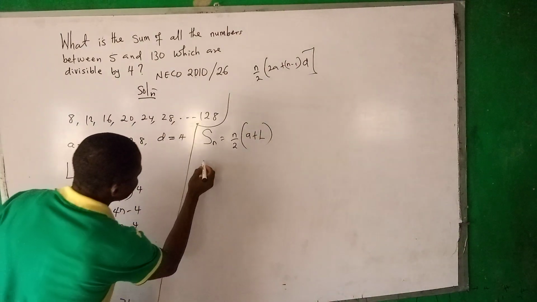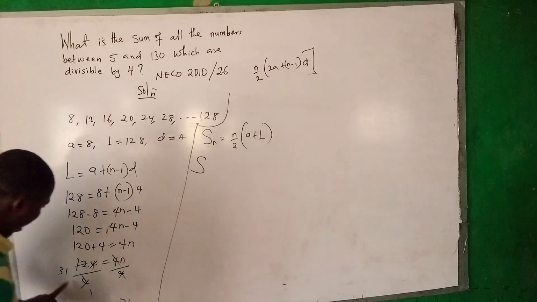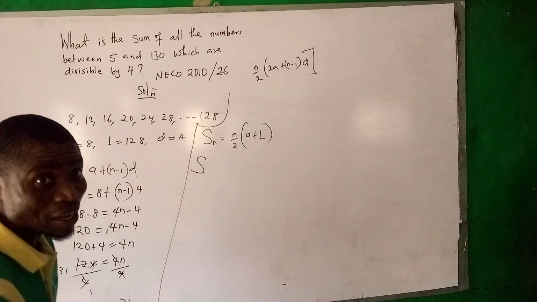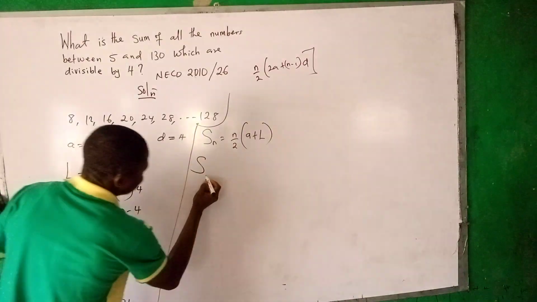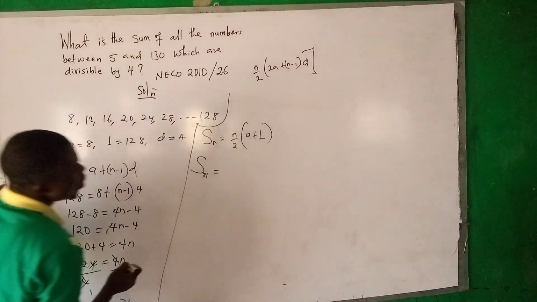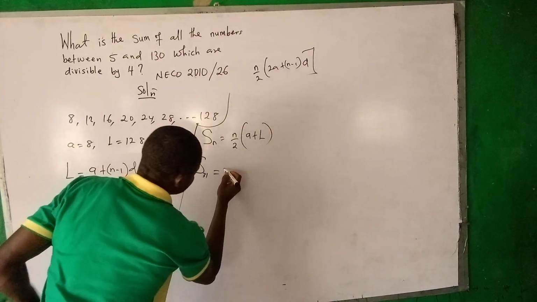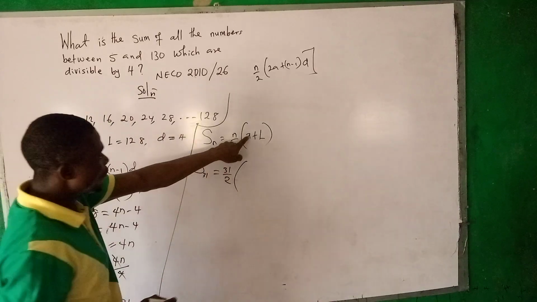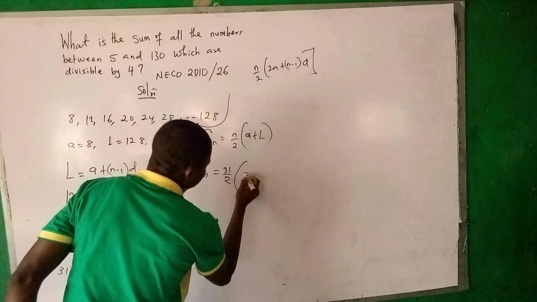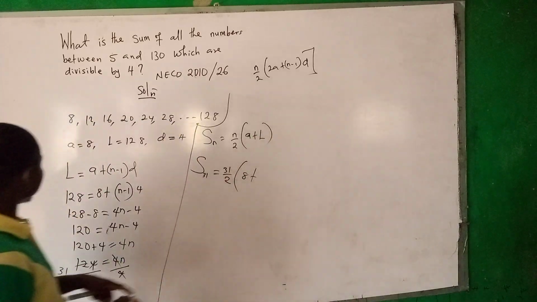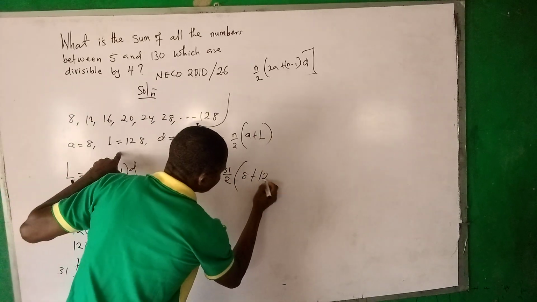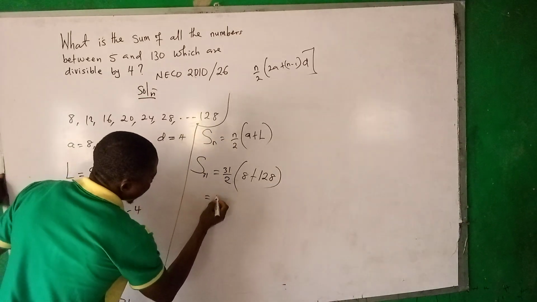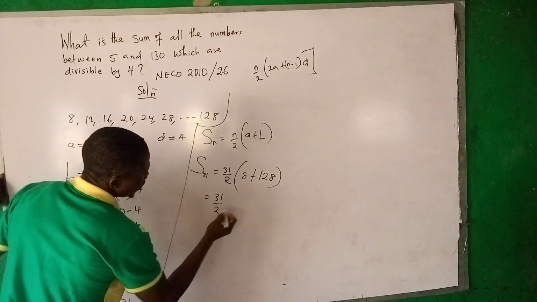Of course you know that n represents 31, so there are 31 numbers. So the sum S31 equals 31 over 2 into (my first term, 8, plus my last term, 128). Are you following me now?